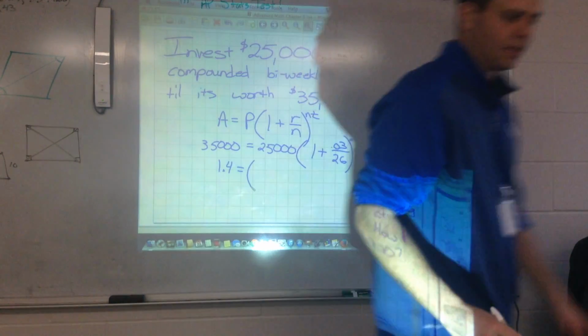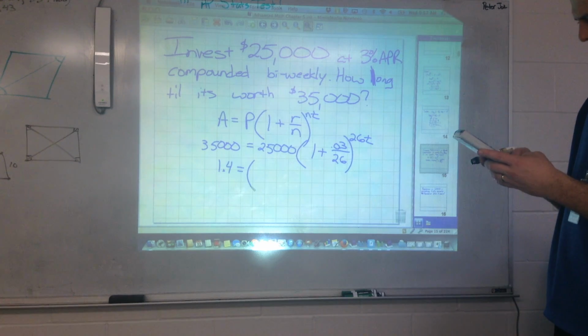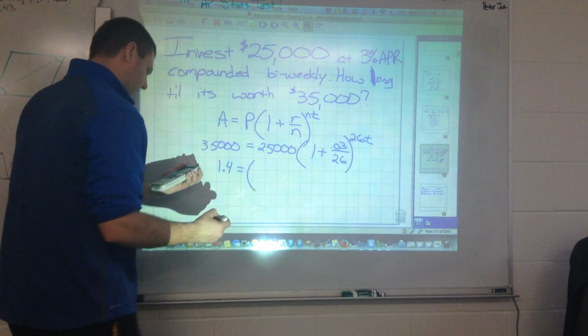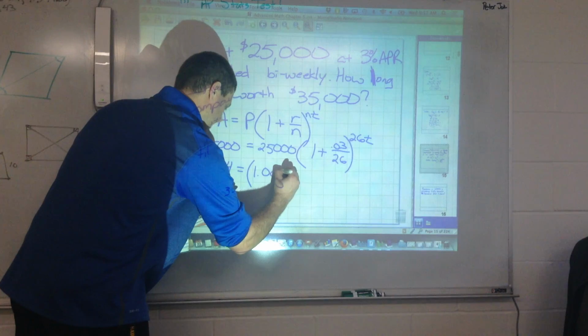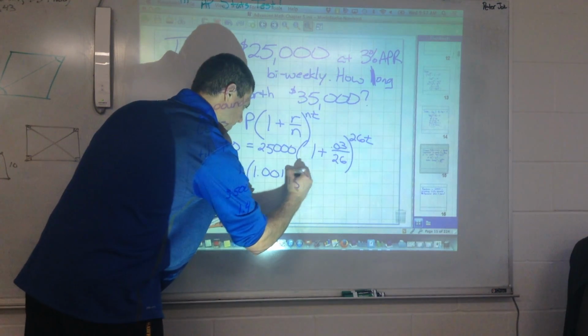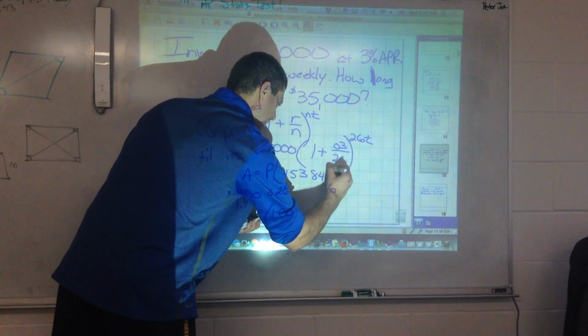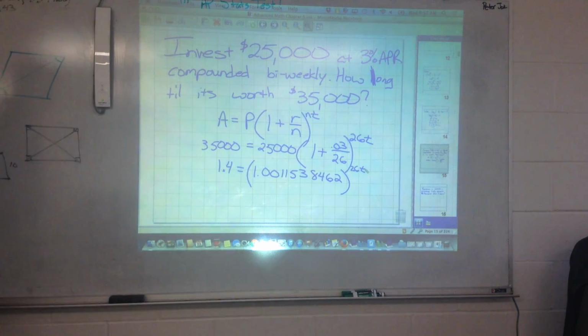And yes, I am going to write out all those decimal places. So 1.4 equals 1 plus 0.03 divided by 26, that decimal that you see there, raised to the 26t power.